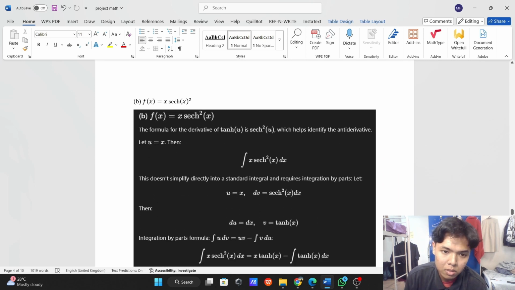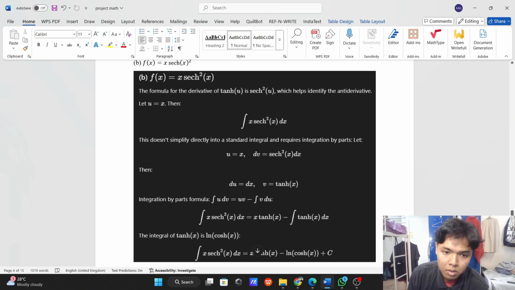Under B question, we got f(x) is equal to x sech squared x. On this formula, the derivative of tanh u is sech squared u, which helps identify the antiderivative. So first of all, let's put x as u. As we look at the formula, we will integrate x sech squared x dx.